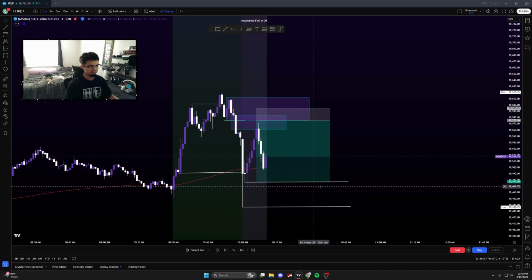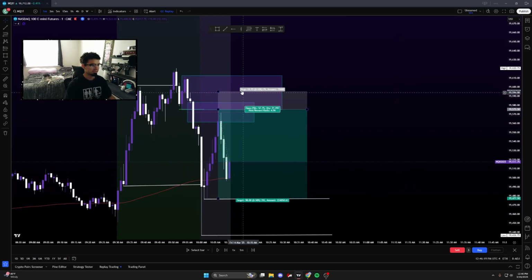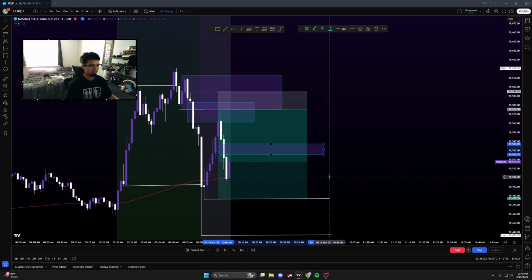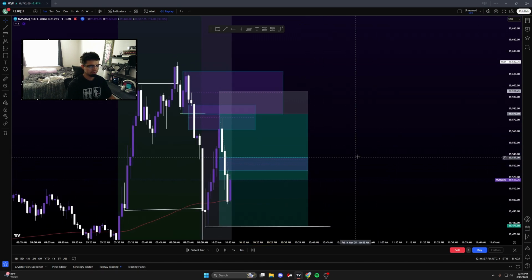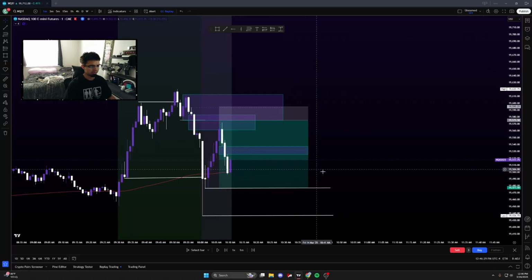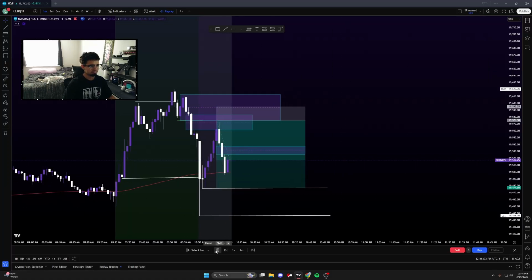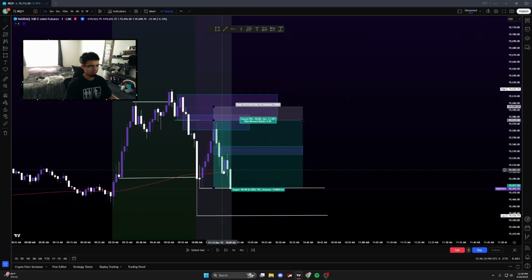And what do we see as well right now? We also see another bearish fair value gap form right here, giving us more significance of bearish movement. See price taps back into this fair value gap and then proceeds to go lower.